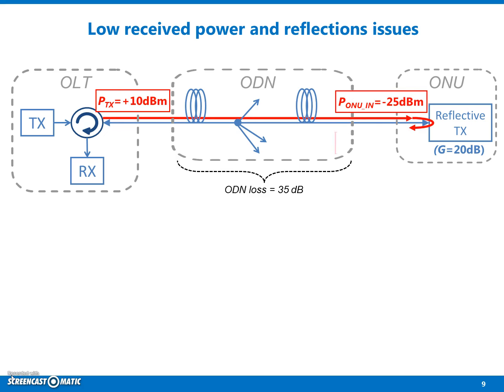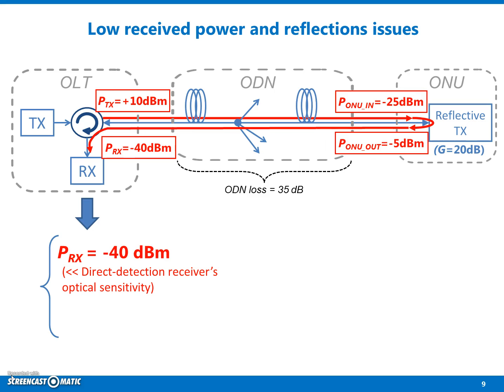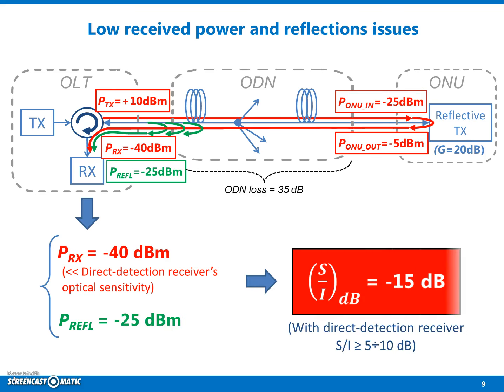Indeed, when the target ODN loss is 35 dB, the useful power at the receiver's input results significantly lower than the sensitivity of the direct detection receivers available on the market. Moreover, in such an architecture, the intrinsic back reflections power can be well higher than the useful signal power at the optical line terminal receiver's input, which thus results undetectable with the direct detection receiver.